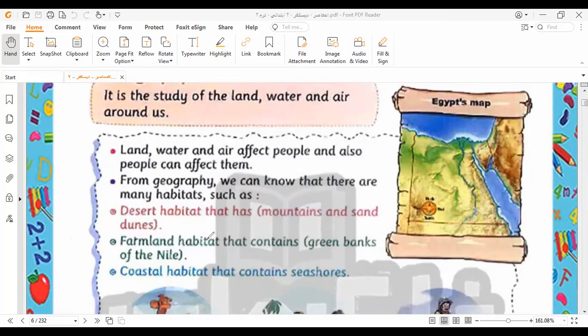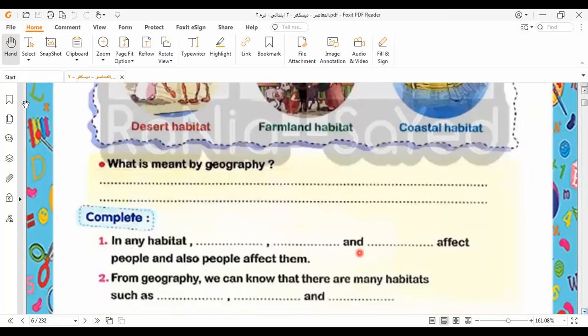So I will write it: land, water, and air. So we have three things that affect people: land, water, and air.